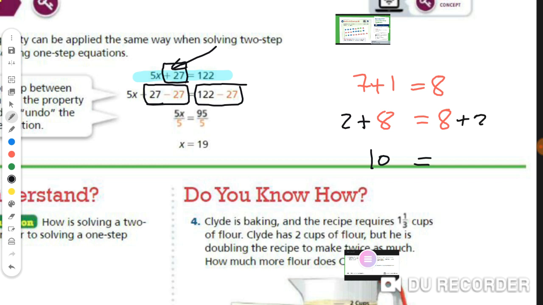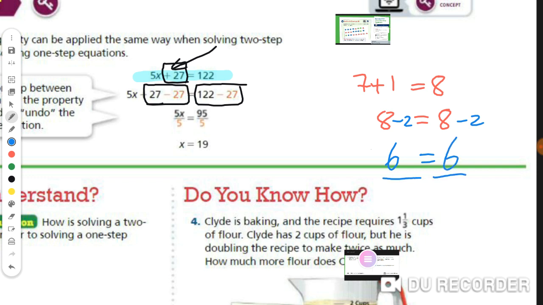To make the balance the same, I have to add 2 on the other side. So if I make any operation here, I must do this operation on the other side. So it will be 10 and 10, still equal, still balanced. And the same if I subtract 2 from 8, it remains 6, so I have to subtract 2 from the other side to remain 6.